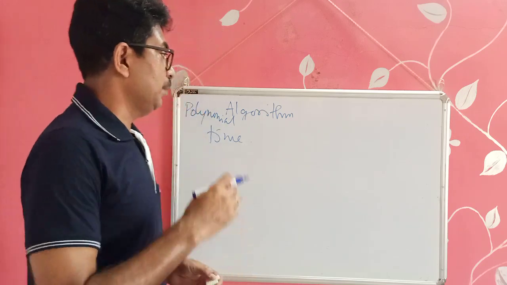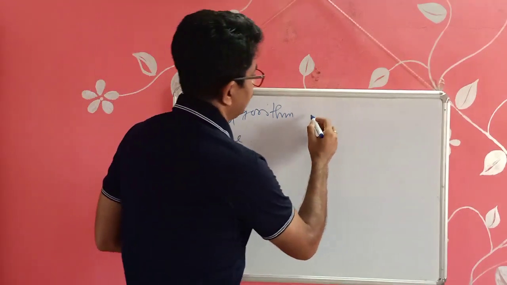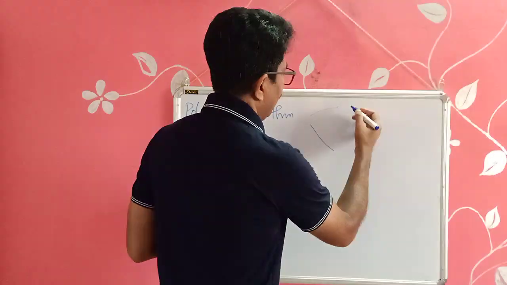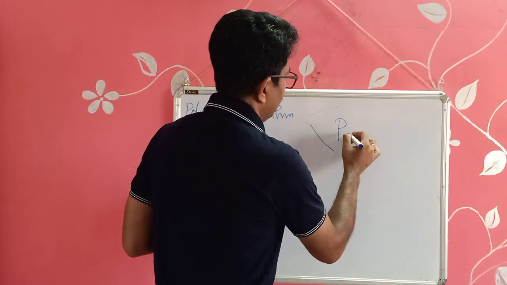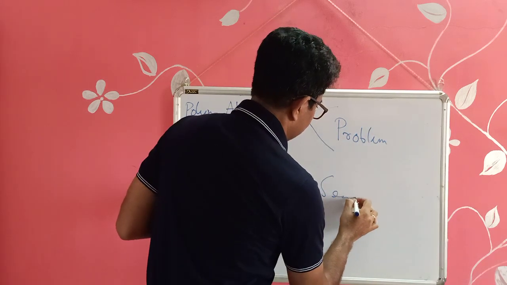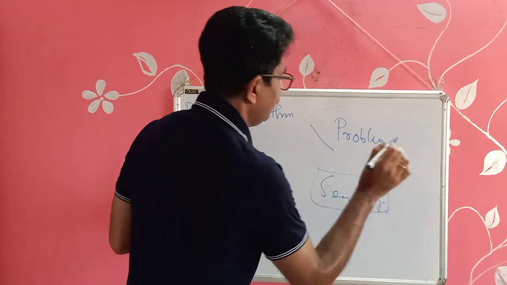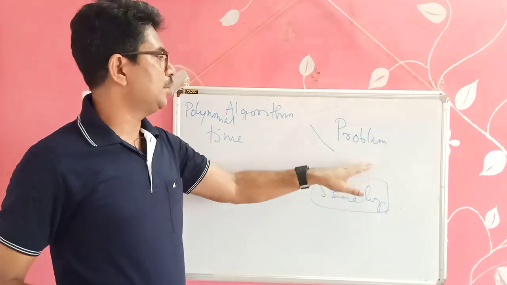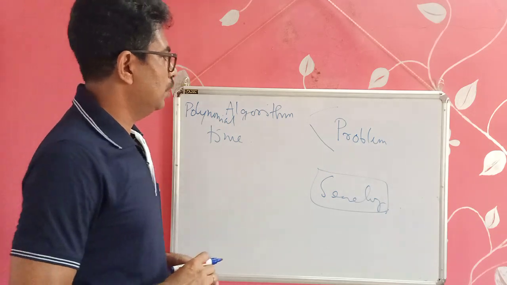Now there are different types of solutions for a particular problem. Let the problem be searching for an element to see whether it is present in the list or not.